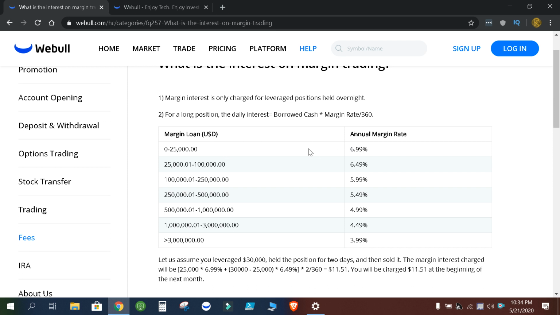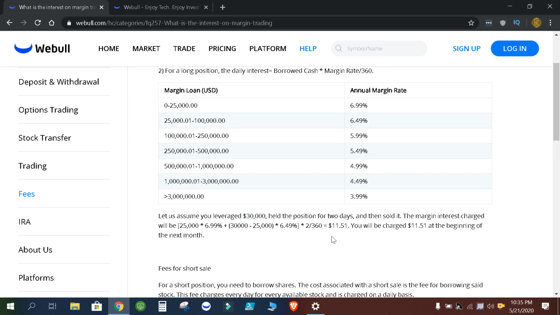So if you're using margin, you are going to incur interest on an annual basis. It does calculate weekends. So if you're borrowing $0 to $25,000, you're going to pay 7%. You just take however much you're borrowing, take that percentage, divided by 360, because that's how many days are in a year, and however much that is, that's how much you're going to be paying on a per day basis. They give you the calculation down here.